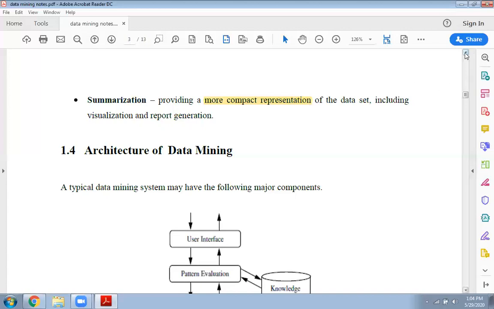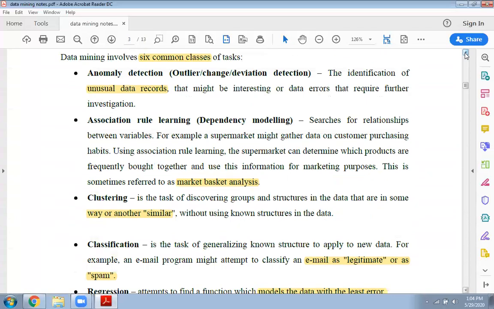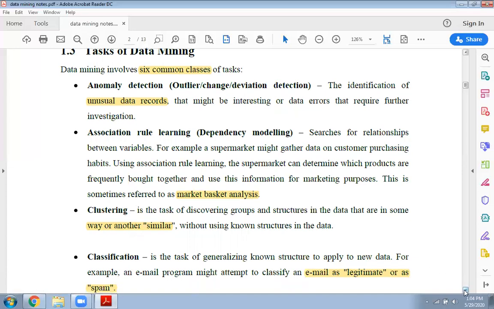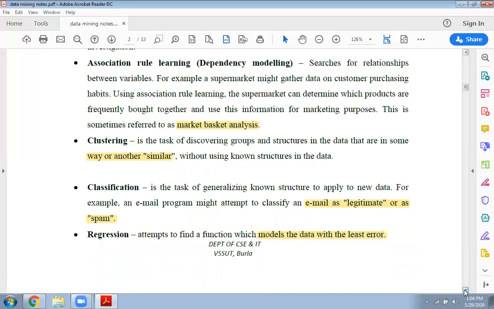So during the data mining process, we usually perform these six common tasks. First, while working on the data, you should remove the anomalies, that is the unusual data records. Then you should associate the data that are important with each other by using association rules. Then you should cluster the data that are similar to each other. Then you should classify the data. These are all different things. It doesn't mean that they are the same.